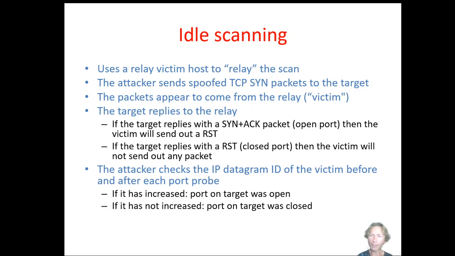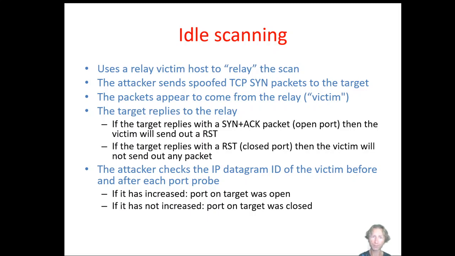A slightly more complicated scan that resembles to some extent one of the TCP hijacking attacks that we discussed is known as idle scanning, and just like that off-path TCP hijacking attack, it uses the IP identifier, the IP ID, as a measure for determining whether or not there has been communication. So in this particular case, we use a relay victim to scan the actual victim that we want to scan.